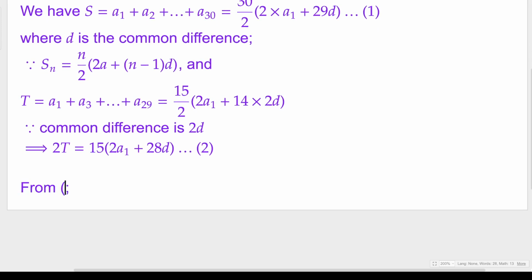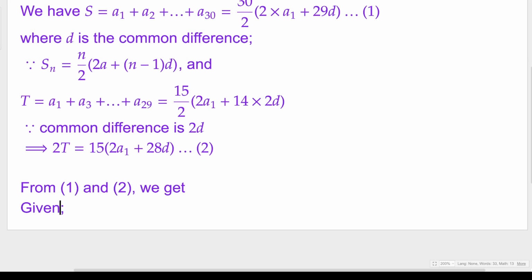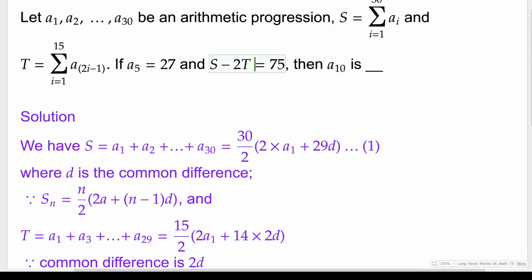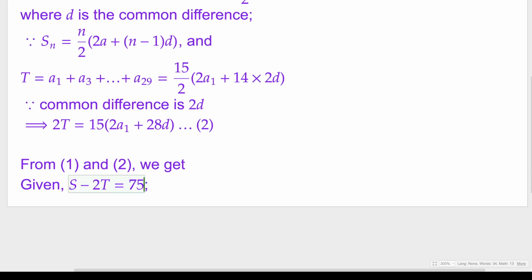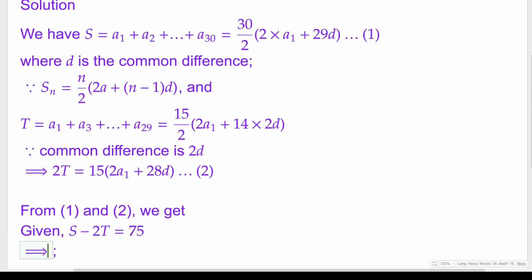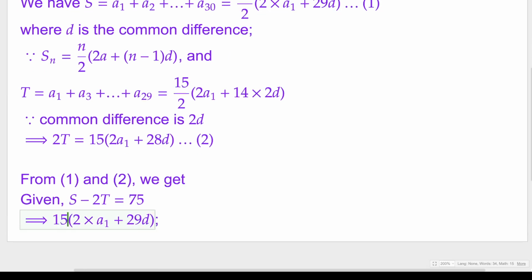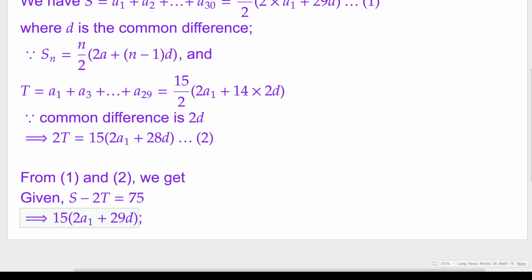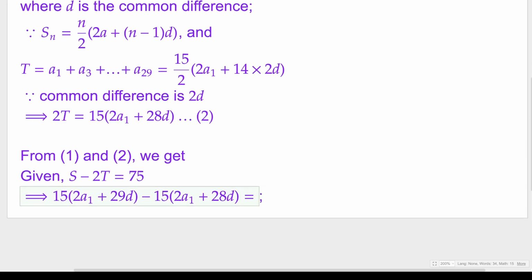Now from equations 1 and 2, we use the given relationship between s and t, which is in the problem statement itself. Instead of s, I'll substitute 30 over 2, that is 15 times 2 times a subscript 1 plus 29 times d, minus the value of 2 times t, and this is equal to 75.